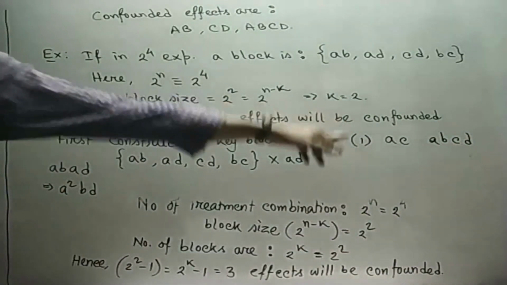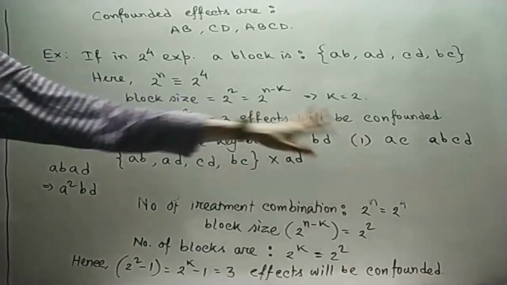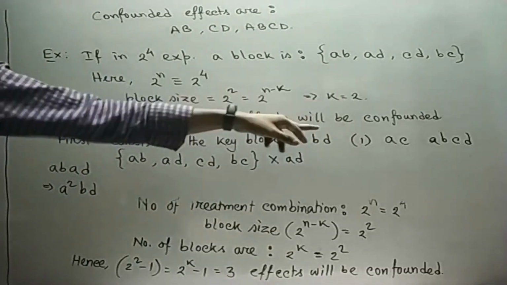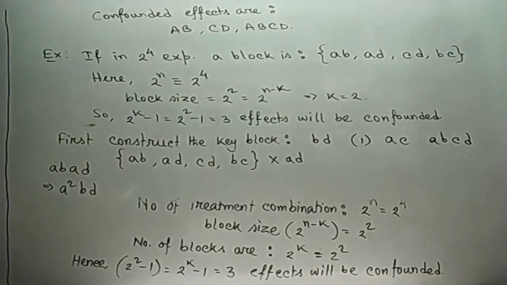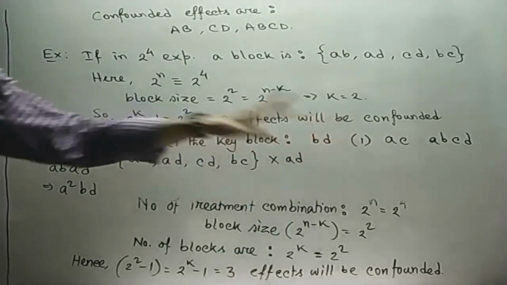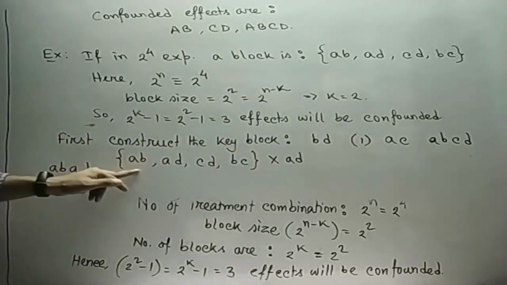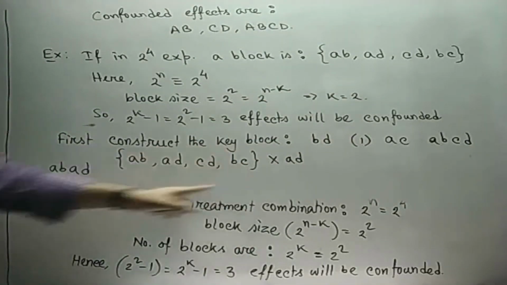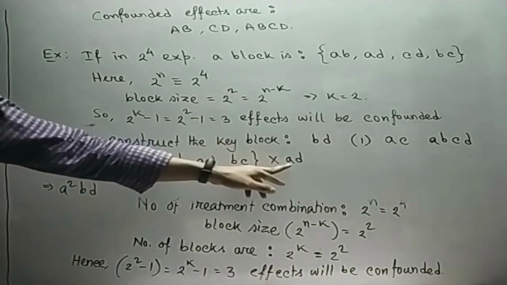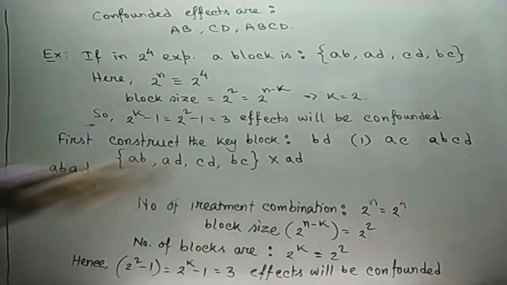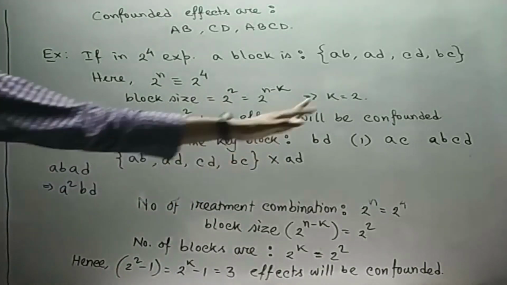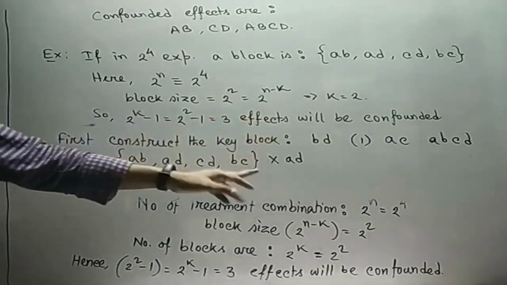As you can see, if 1 is present in any block, that block is obviously a key block. So to get this 1, we just have to multiply the block with any one of these members. If we want, let's say, we can also multiply by CD. So first we have to construct the key block, and only then can we get the confounded effects.